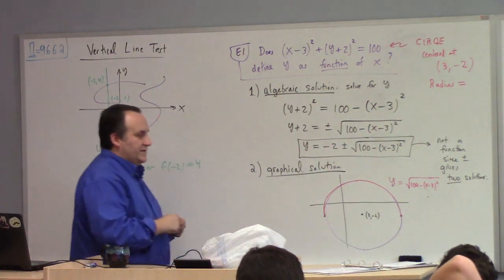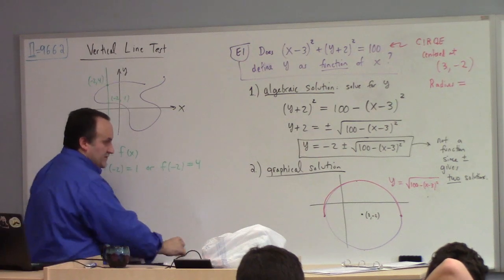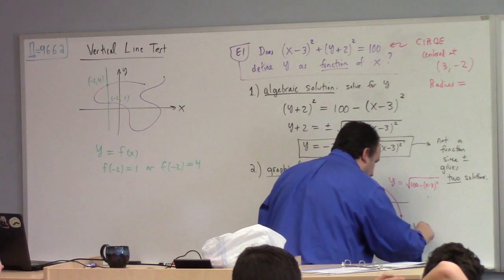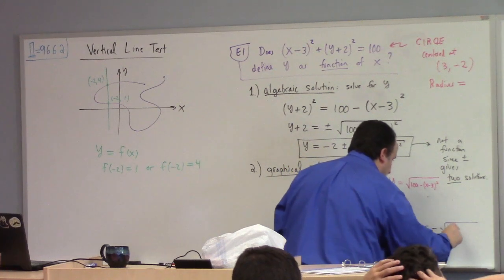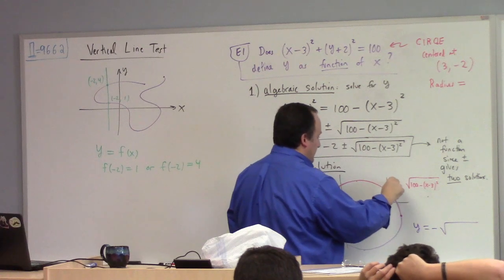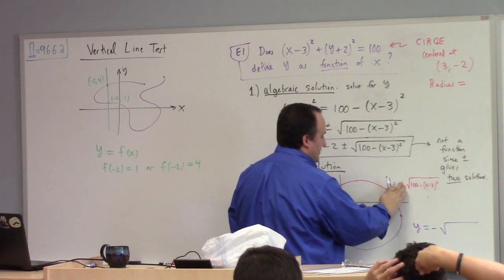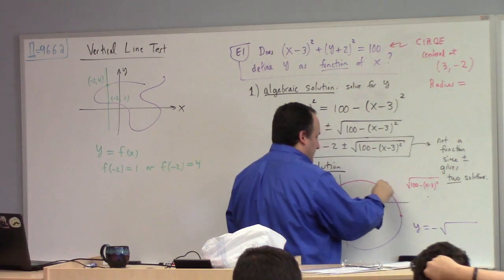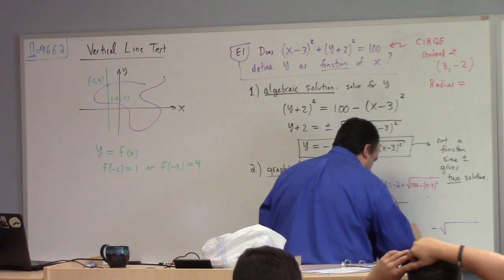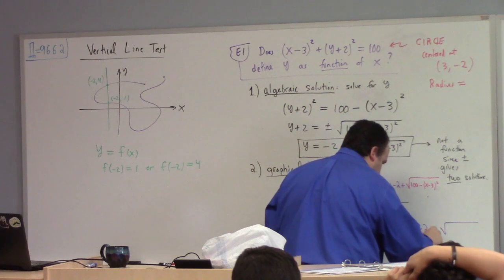And the bottom of the circle is the minus solution, right? Oh, I've lost my 2 there, didn't I? That's y equals minus 2. Y equals minus 2 plus that. Y equals minus 2 minus that.